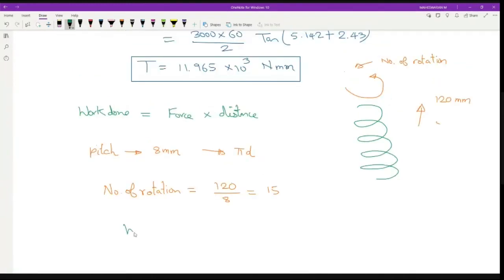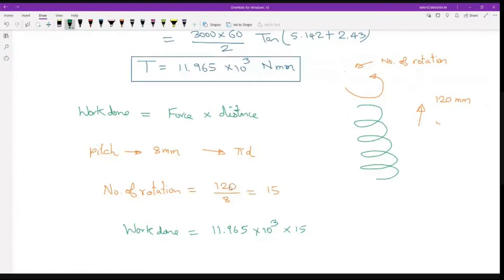Okay, so the work done will be nothing but your torque, 11.965, substituting in meter, into 10 power 3, into 15, right?